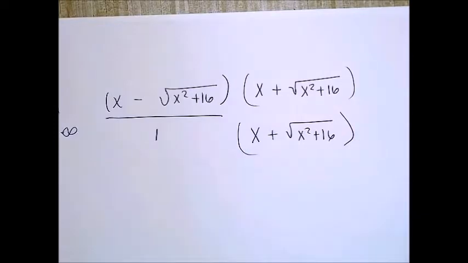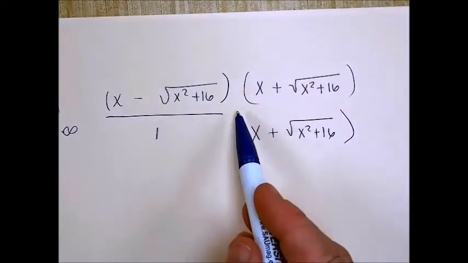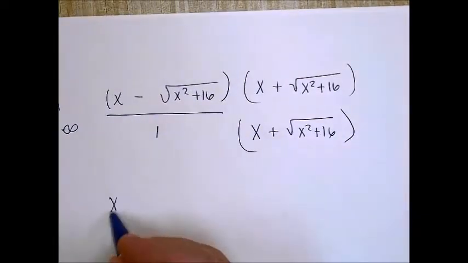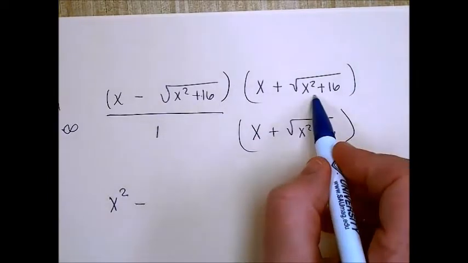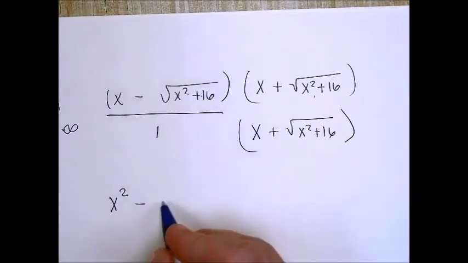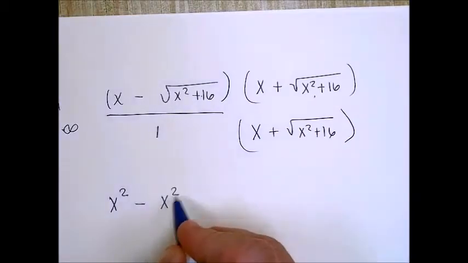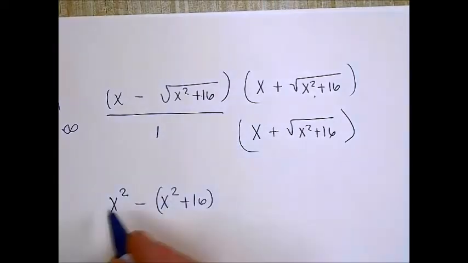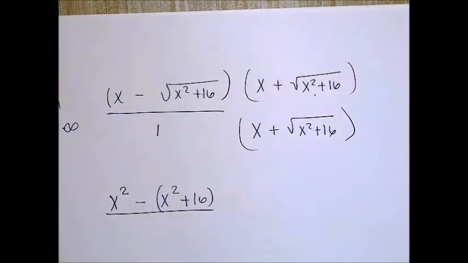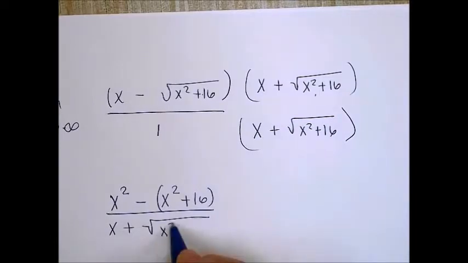When we do that, the numerator, we're going to do FOIL. We're going to get x squared minus, this is going to be squared, which is going to eliminate the radical, x squared plus 16. It's still one term, so it's still in parentheses. The denominator is going to be x plus the square root of x squared plus 16.